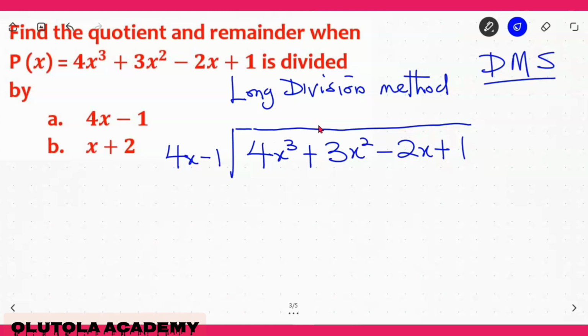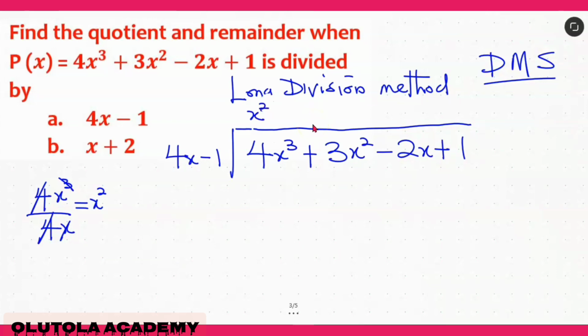I will do the D first, and I'll take this first term here, 4x cubed, and divide it by 4x. So 4x cubed divided by 4x will give us x squared.